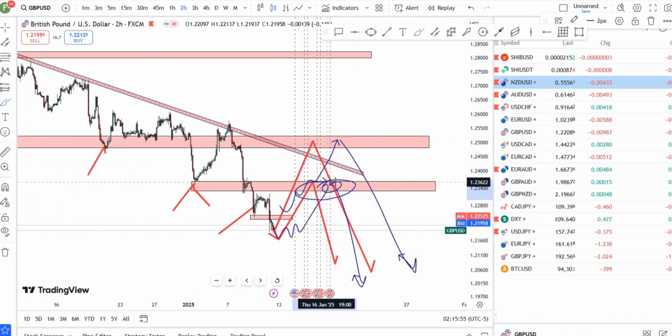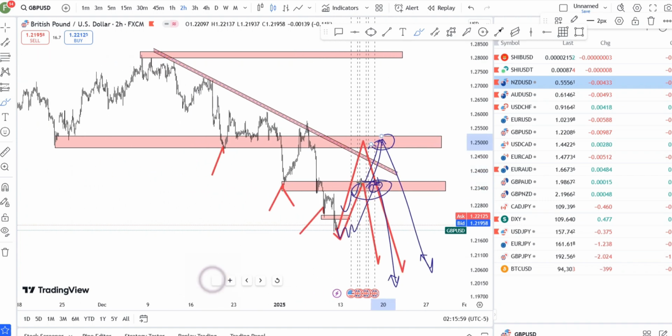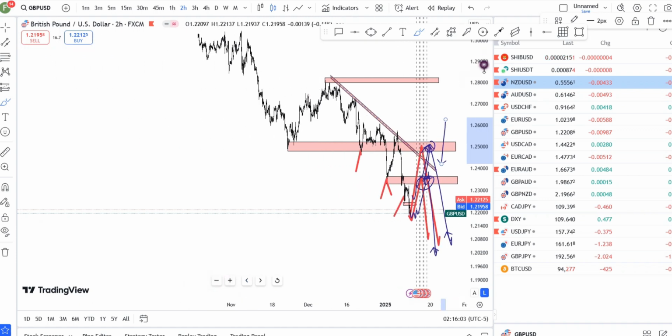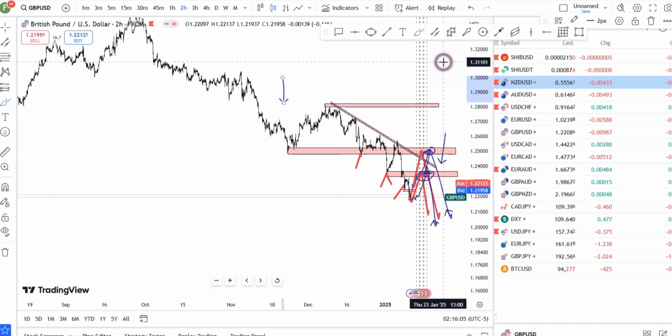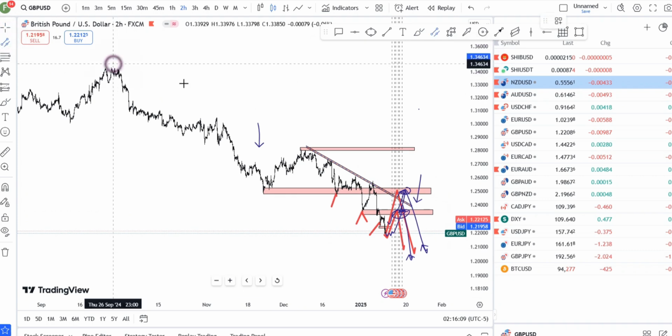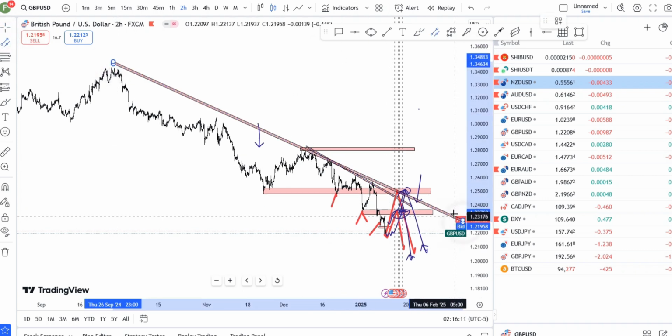If the price reacts to our supply zone and shows some strong rejection at the supply zone, I will look for another short opportunity on GBPUSD, as this is our trend line.